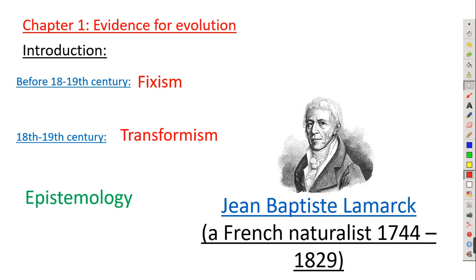It's much more complex. Obviously it took time for these ideas to come into place, but for your S7 4P syllabus, the key thing that you can remember is this. Basically, before the 18th, 19th century, fixism was the main theory. Starting in the 18th, 19th century, this theory of transformism started to spread through the scientific community.